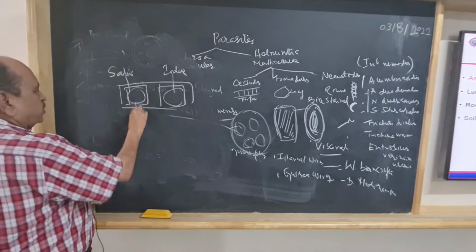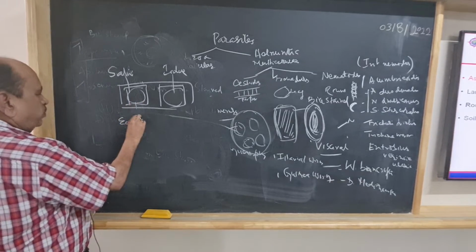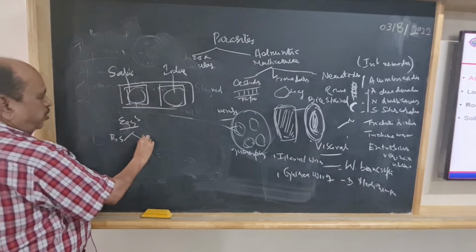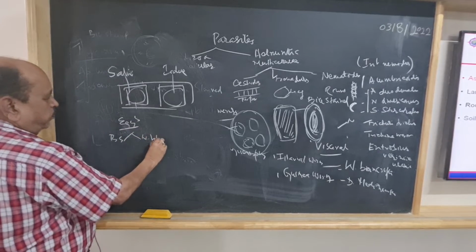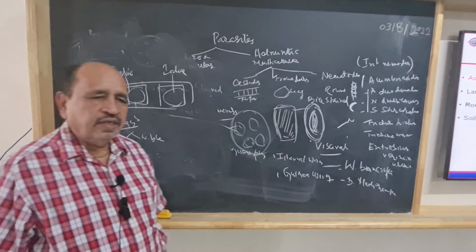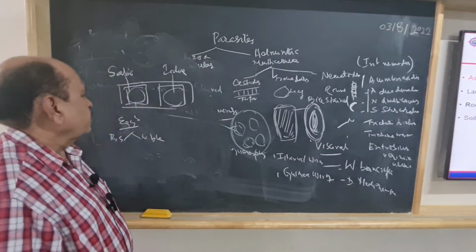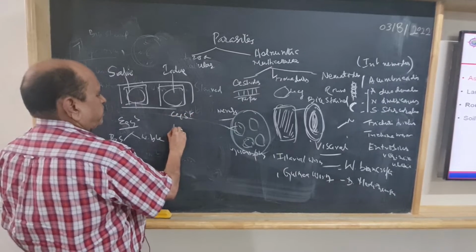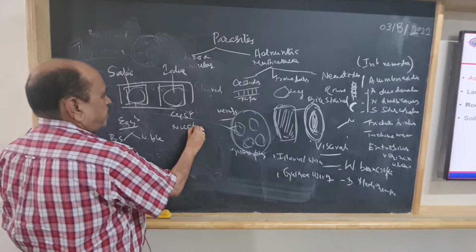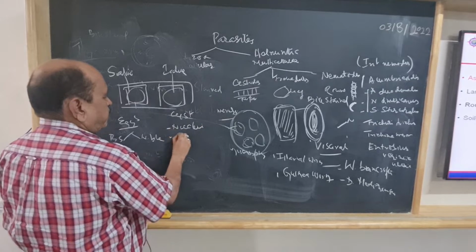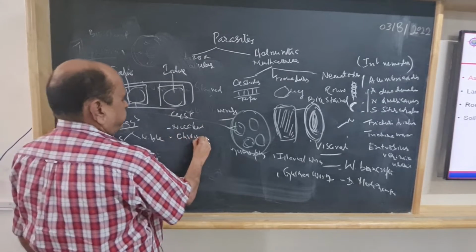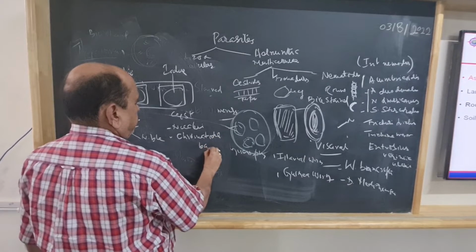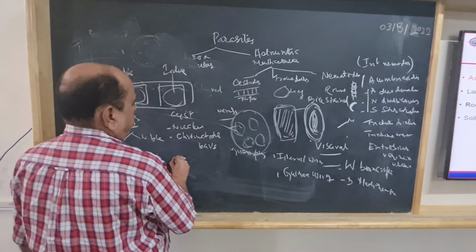Saline is for demonstration of eggs, to differentiate between bile stained and non-bile stained. Iodine preparation is for demonstration of cysts, which stains the nuclei, chromatid bars, and glycogen mass.